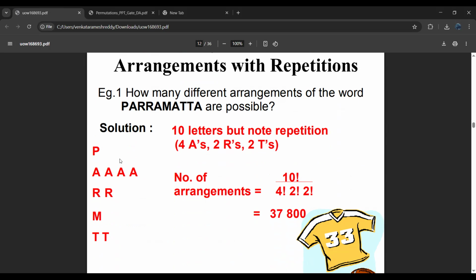In how many ways can you do this arrangement? N factorial, where n is the number of letters, is 10 factorial, divided by 4 factorial for the A's, 2 factorial for the R's, and 2 factorial for the T's. After solving this, we get the answer.